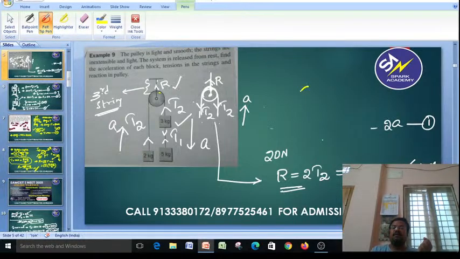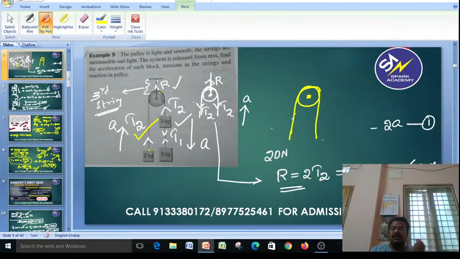For this pulley, one single string was connected. The tension existing in the string is T2, which means it was connected to 2 kg and 3 kg.